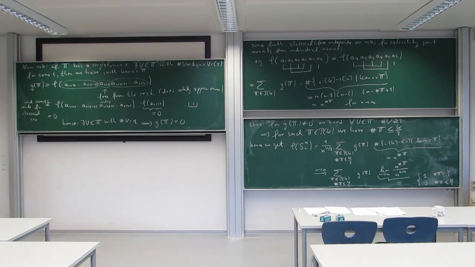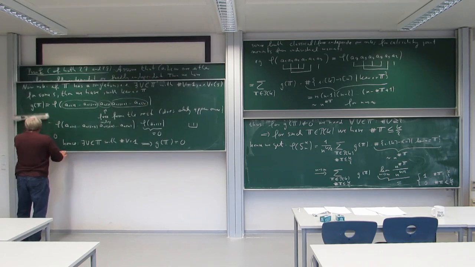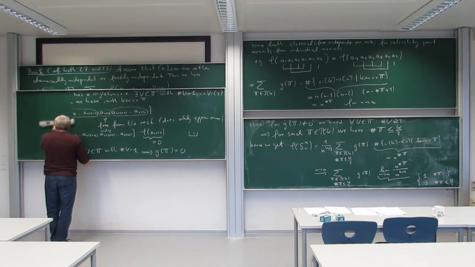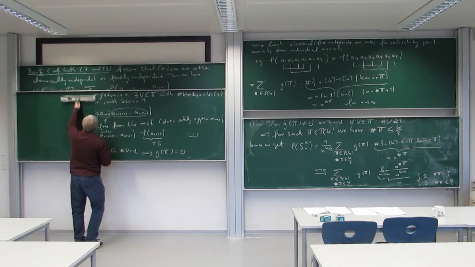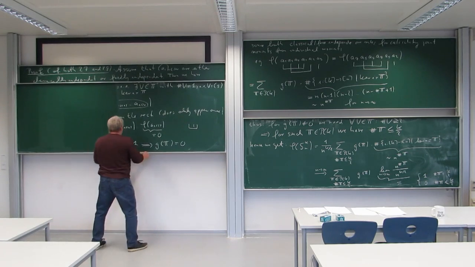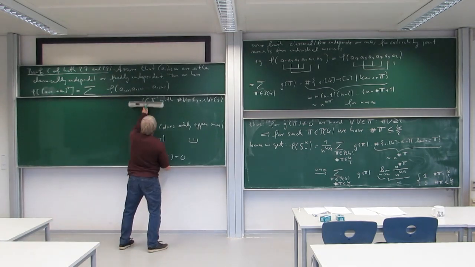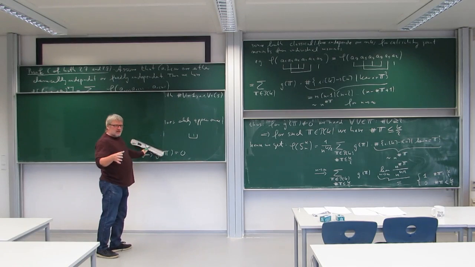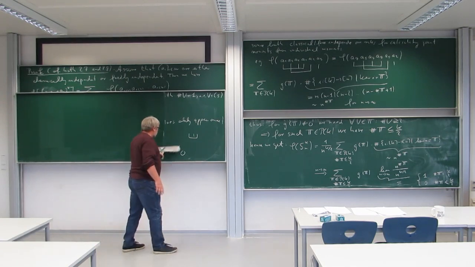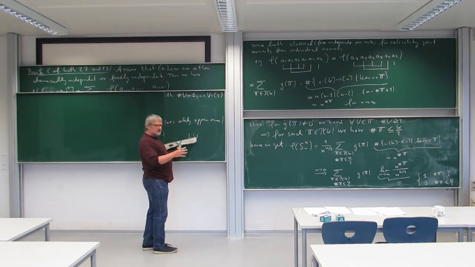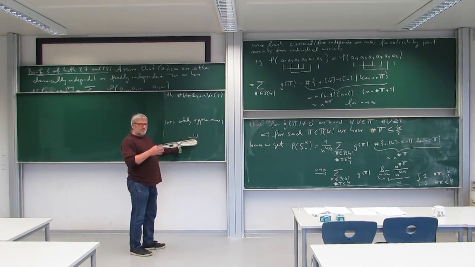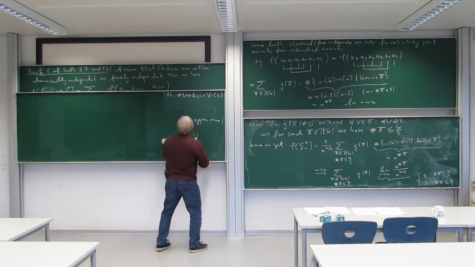So we have seen, in the limit we only have contributions from those which have no singletons, and on the other hand, they must have exactly k over 2 blocks. But if I want a partition of k numbers into blocks, and I don't allow singletons, and I want exactly k over 2 blocks, then every block must contain exactly 2 elements.